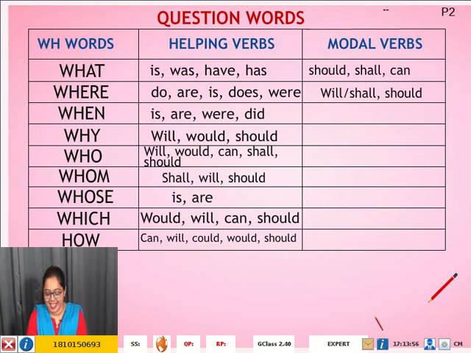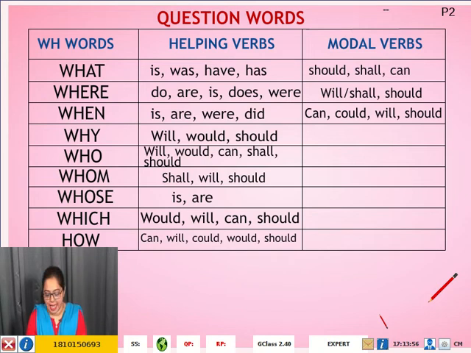Okay. Next we'll see the WH word when, and with when we are using the modal verbs can, could, will, and should. So what kind of modal verbs are we using with when? We are using can, could, will, and should.